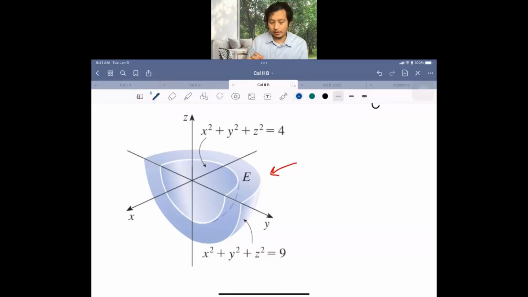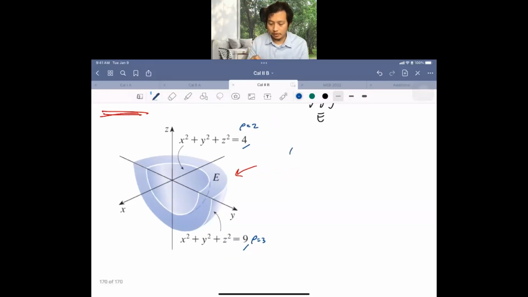Now if we look at the spheres themselves, we have a sphere with radius 2 and a sphere with radius 3. So rho is between 2 and 3.